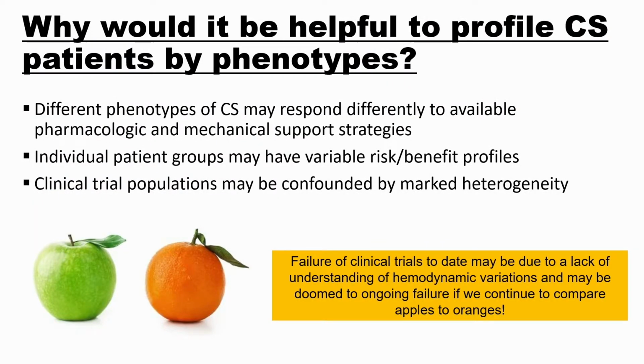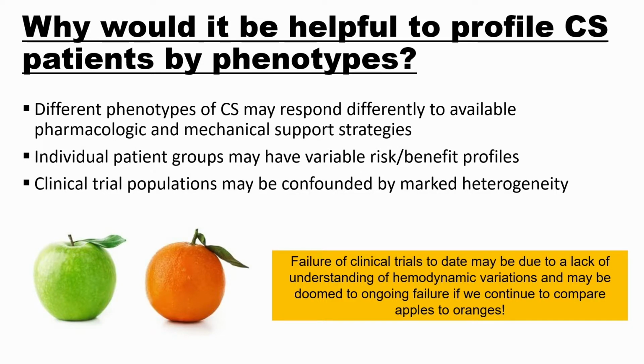So why would it be helpful for us to profile cardiogenic shock patients by phenotypes, in this case, hemodynamic phenotypes? Well, it's quite possible, and I'm sure you've seen this anecdotally in your own experiences, that patients with different phenotypes of cardiogenic shock may respond variably or differently to the available pharmacologic and mechanical support strategies that we have in our armamentarium.